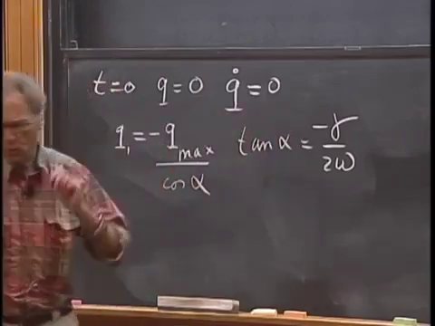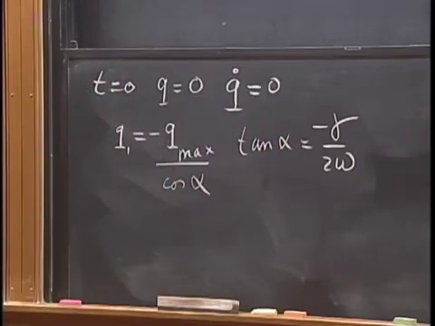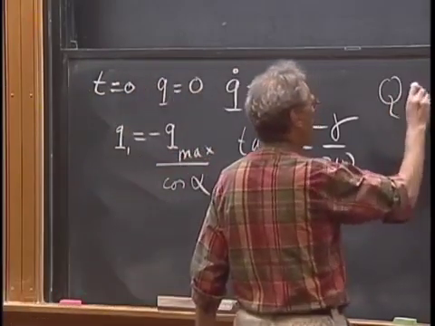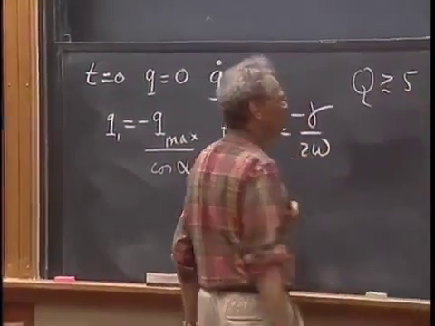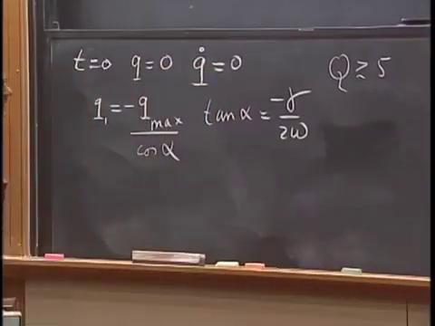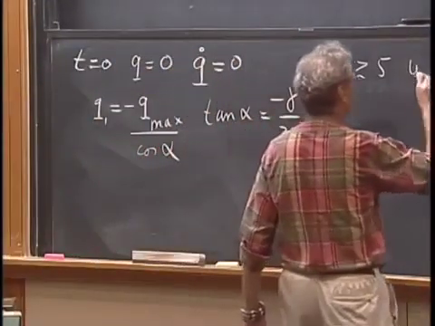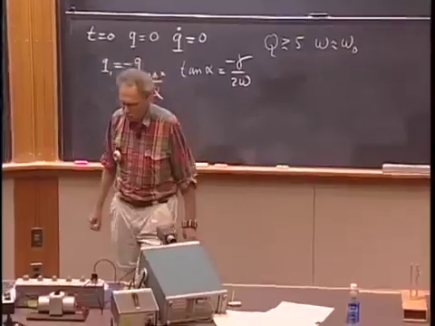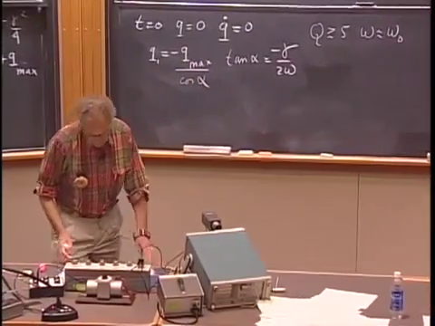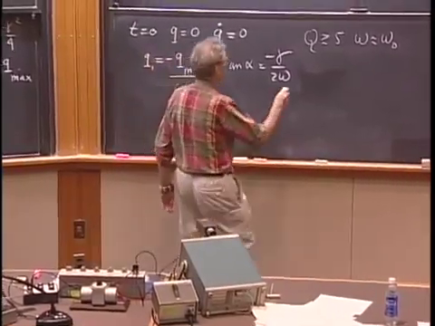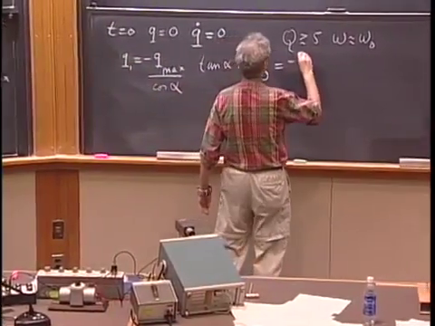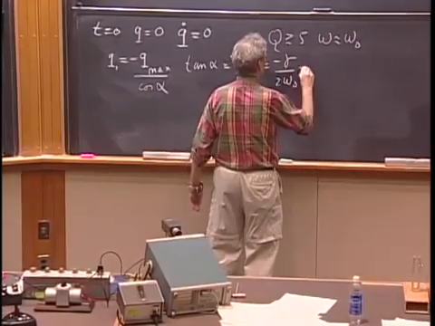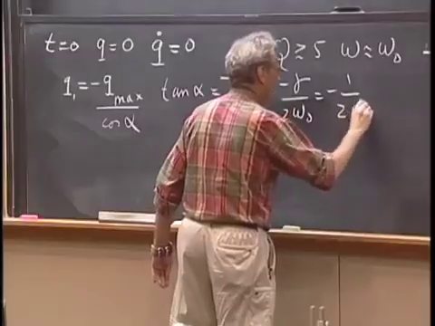I don't have a very good feeling for these numbers, but what I do have a good feeling for is that I know when Q, say, is larger than or equal to 5, then I know that omega is very close to omega 0. Extremely close. So that means I can write for this minus gamma divided by 2 omega 0, which is minus 1 over 2Q.